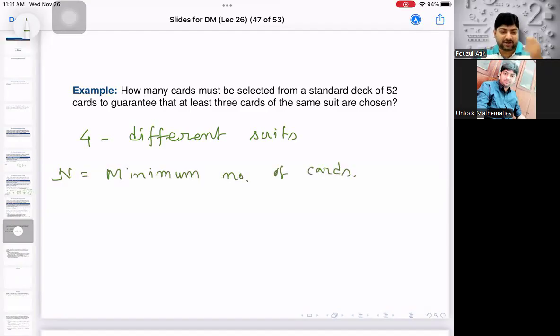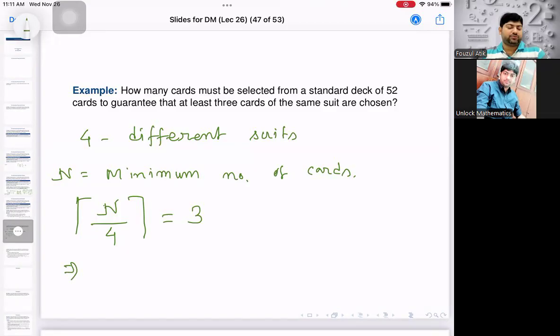Then what is your answer? Let us form the problem. It is n cards distributed among 4 suits, and then you should get at least 3 among them. So your answer is, what is this n such that the ceiling of n by 4 is equal to 3. Now you tell me what is your answer.